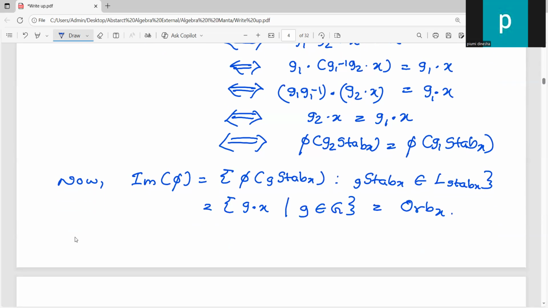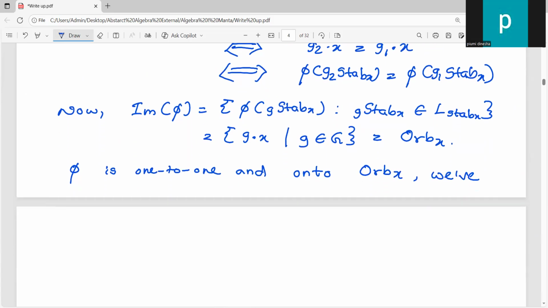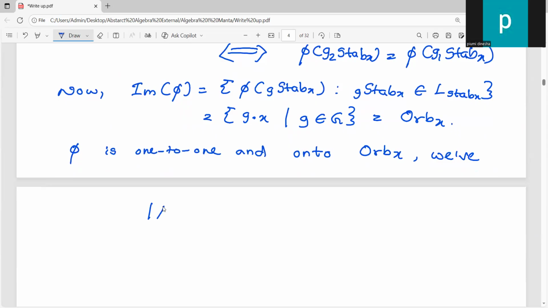So now we see that phi is 1 to 1 and onto the orbit of X. So we have the number of elements in the domain equal to the number of elements in the range, which is the orbit of X, right?